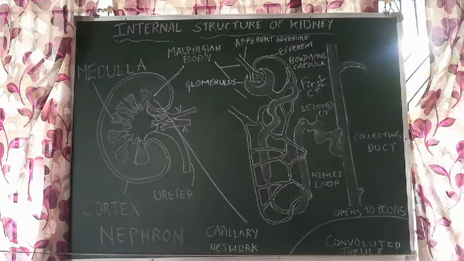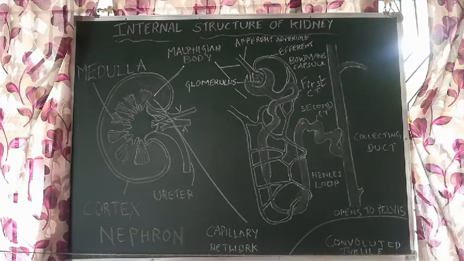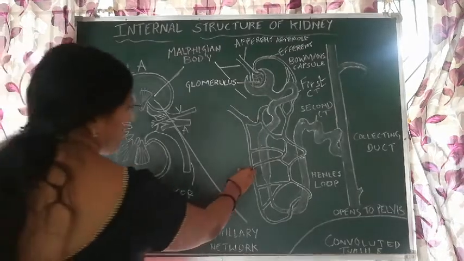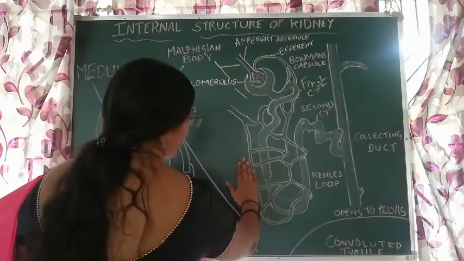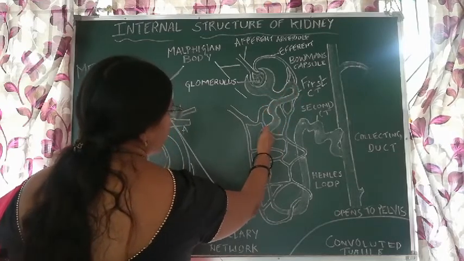Now this urine passes through the loop of Henle. What is the loop of Henle? Loop means a bend. You can see here a loop-like structure.